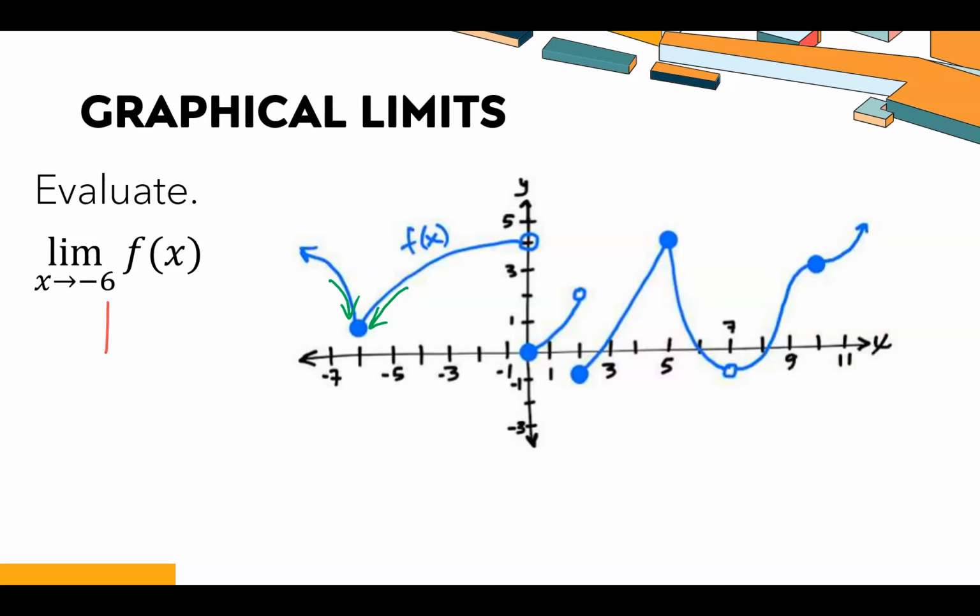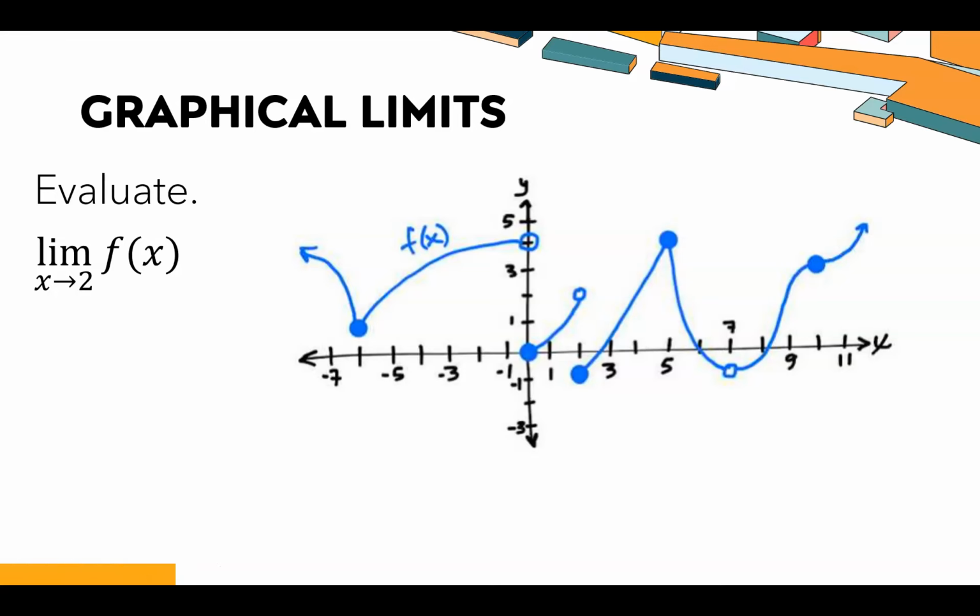If we're doing a two-sided limit and everything exists, just cool, write down the result 1. We don't necessarily have to write down the limit as x approaches negative 6 from the left of f is 1, which is equal to the limit as x approaches negative 6 from the right of f. We could, but if a limit exists, we're not expecting you to.